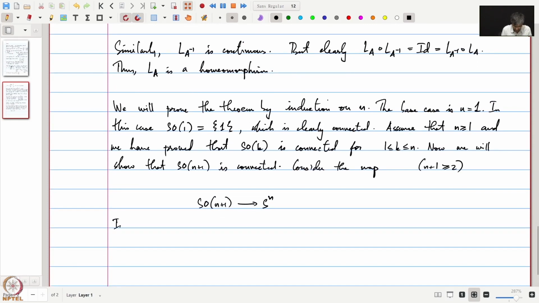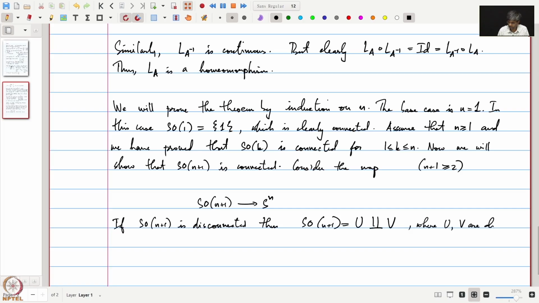So if SO(n+1) is disconnected, then we can write it as the disjoint union of two non-empty disjoint open sets, U and V, and so also closed.